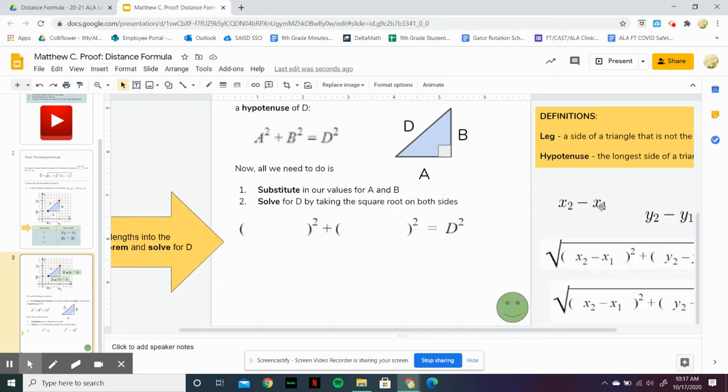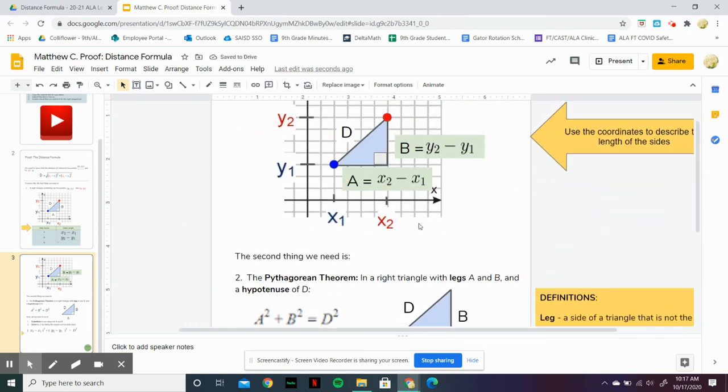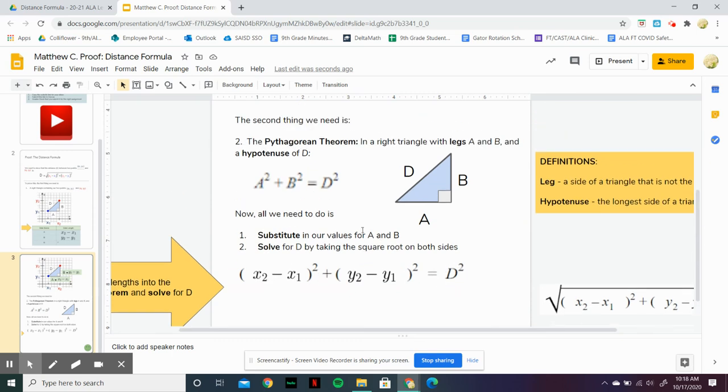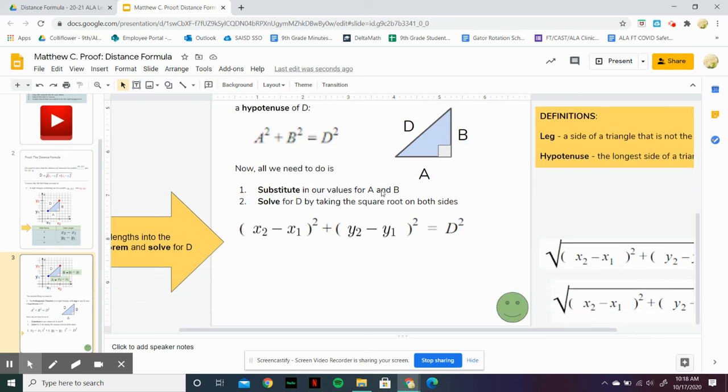So instead of writing A squared, I'm going to write (x2 minus x1) squared because x2 minus x1 is the same thing as A. And likewise, instead of writing B squared, I'm going to write (y2 minus y1) squared because B is equal to y2 minus y1. And all of this is equal to d squared. So we have plugged in our values for A and B into the Pythagorean theorem.